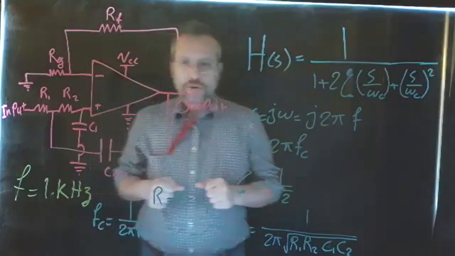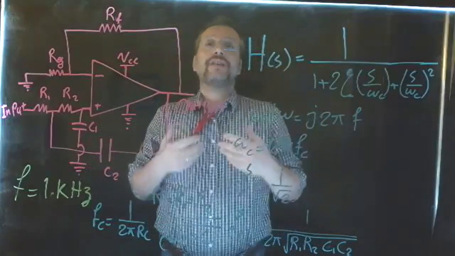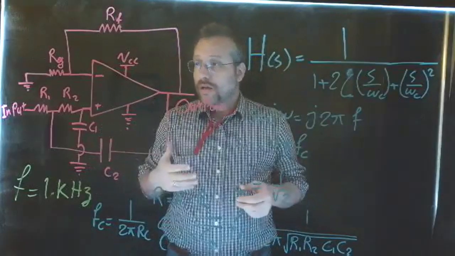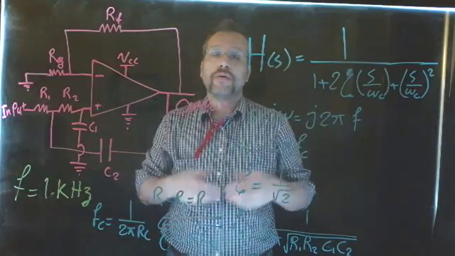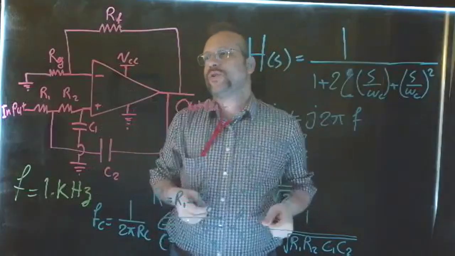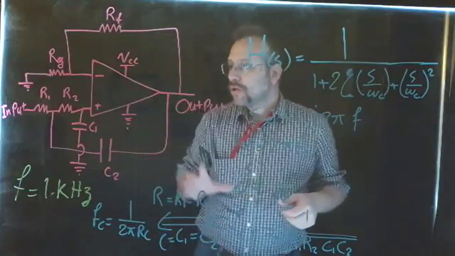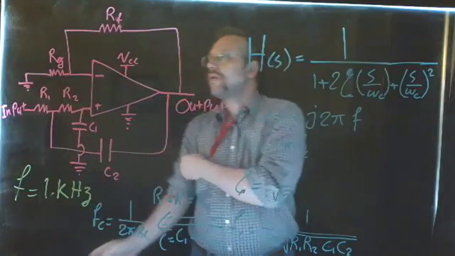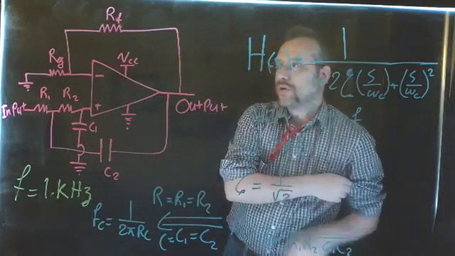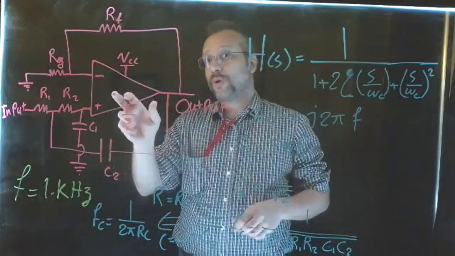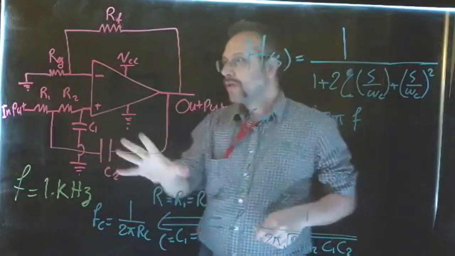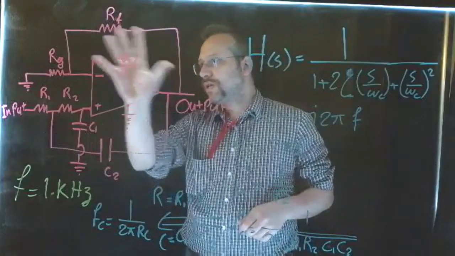Okay, now let's talk about creating an active filter. In this example, we are going to talk about a Butterworth second order active filter using an op-amp. Now, as you can see, the circuit for a second order filter, and we are using an LM324 as an op-amp, is as you see here.